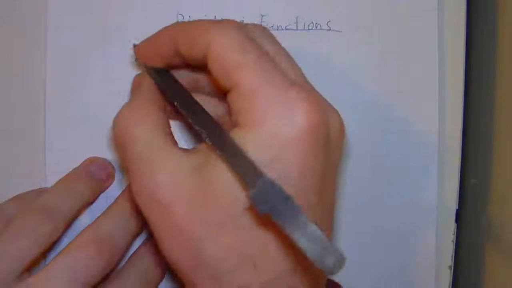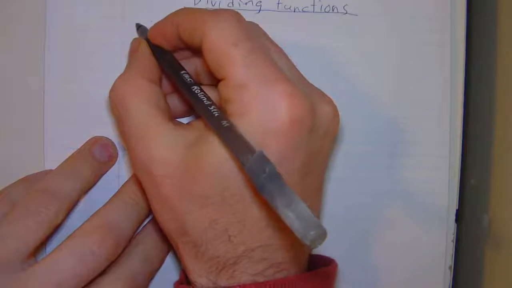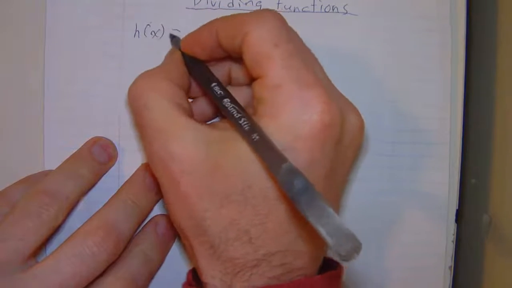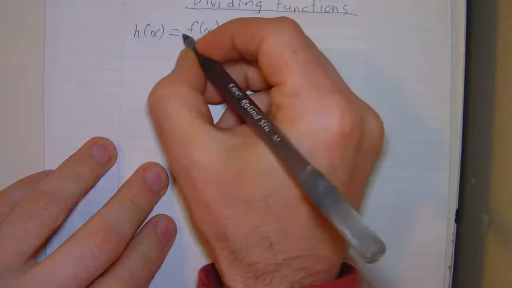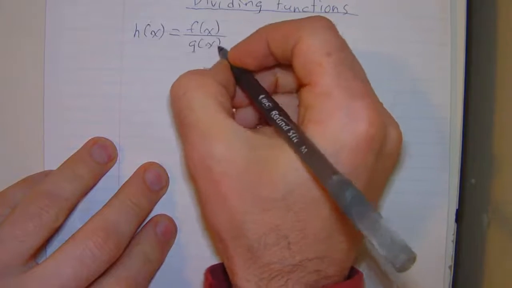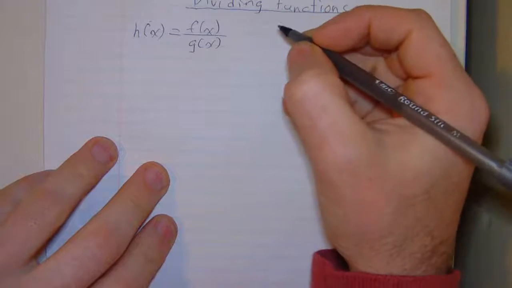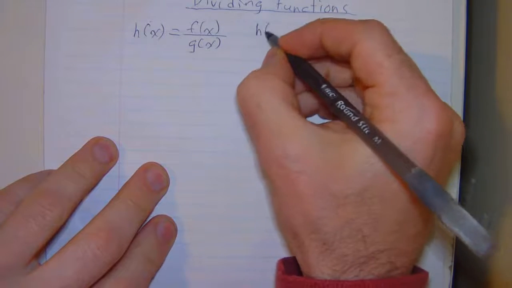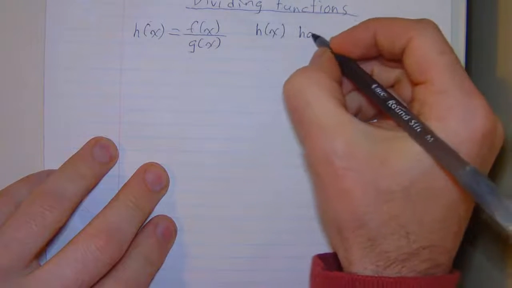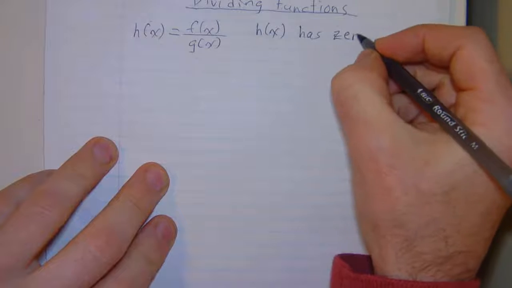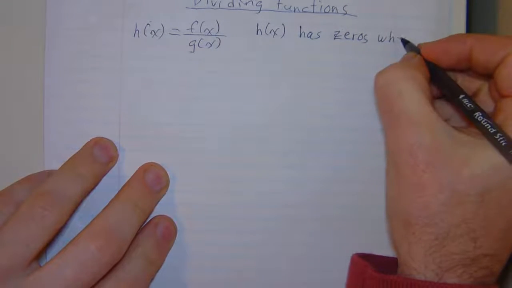If we have some function h of x, which is equal to f of x over g of x, we learned that h of x has zeros where f of x has zeros.